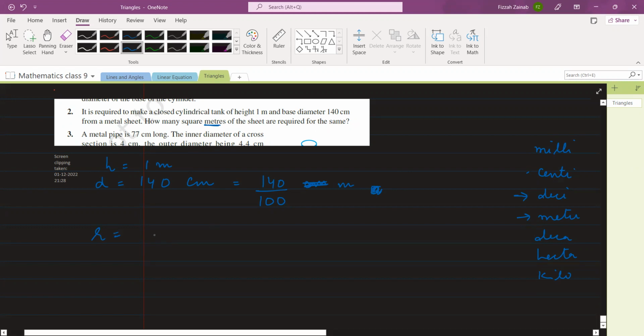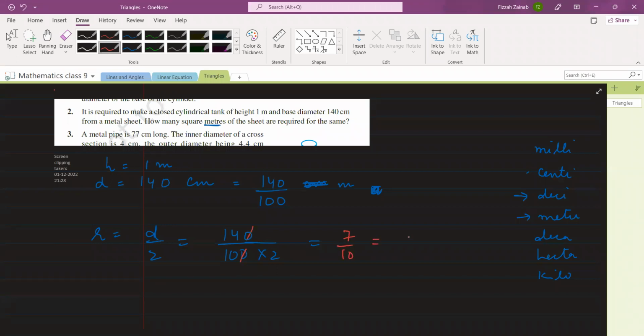So radius is d by 2. So further divide this by 2. So 140 by 100 into 2, right? So 1 zero is gone, and this is 7 by 10. So this becomes 0.7. It is in meter now, since you have already divided. So radius is 0.7 meter.